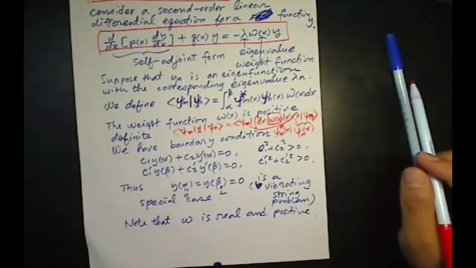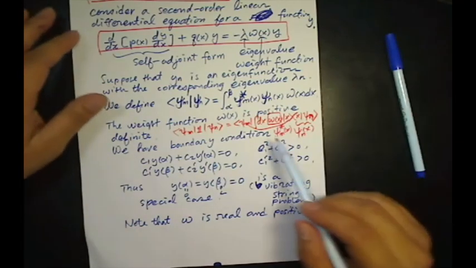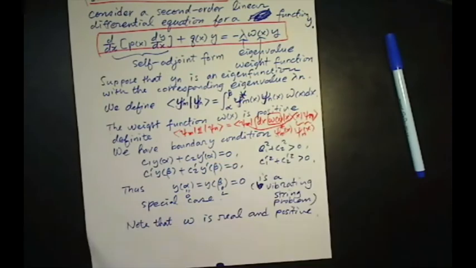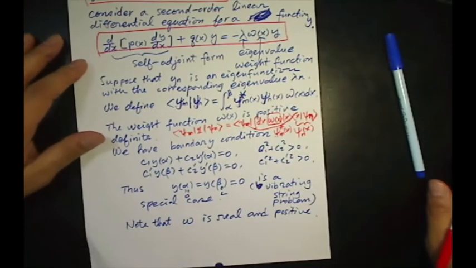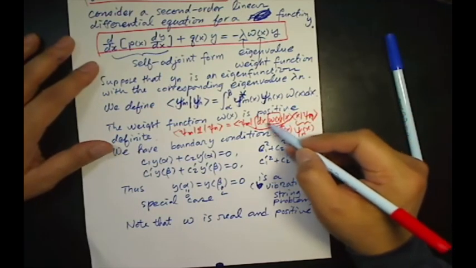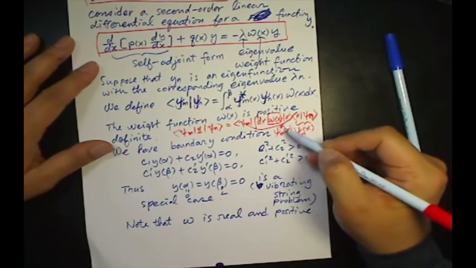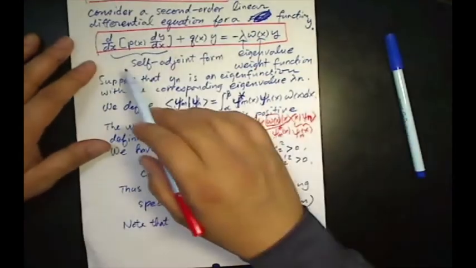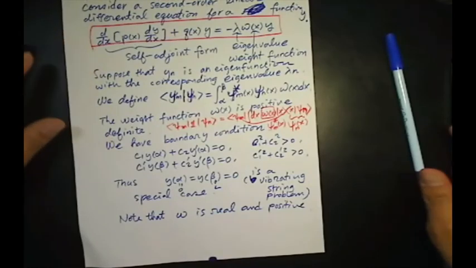That does not appear in the elementary problem, but in many cases we have the weight function. For example, Hermite polynomials have a weight function. Sure, we can redefine this one. We can absorb this factor by square root of w, but mathematically it is more compact.